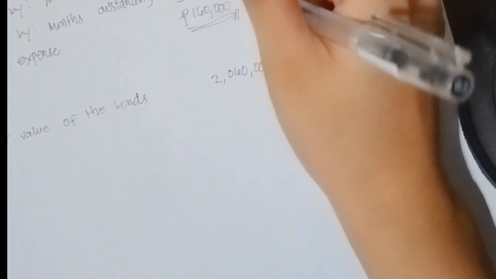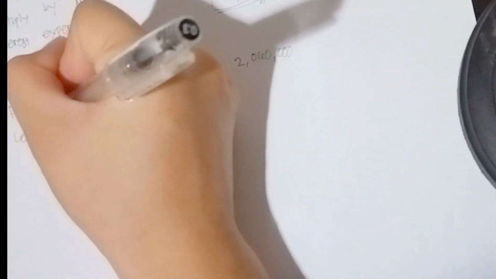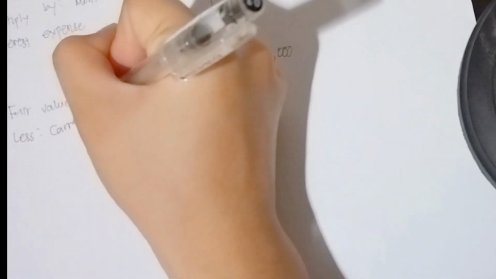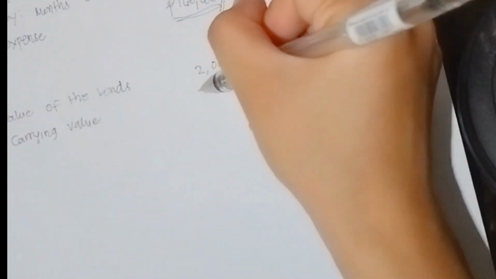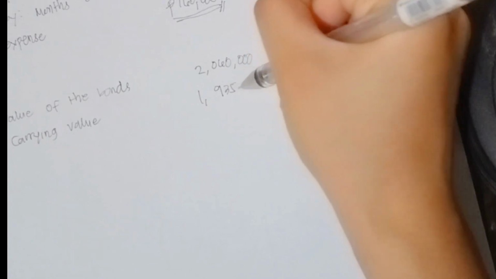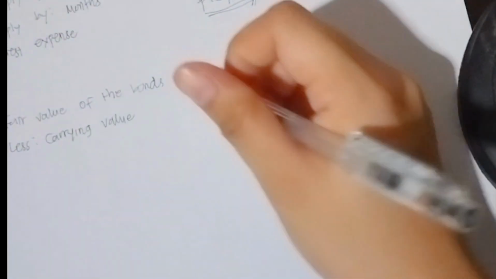So we get 2,060,000. Then we less the carrying value, amounting to 1,935,152.